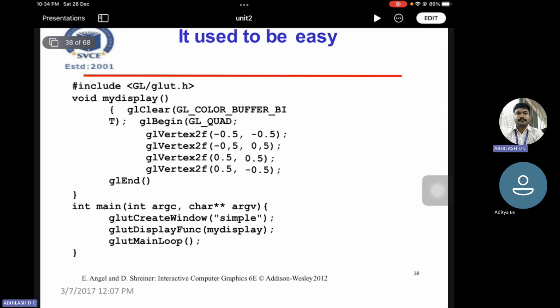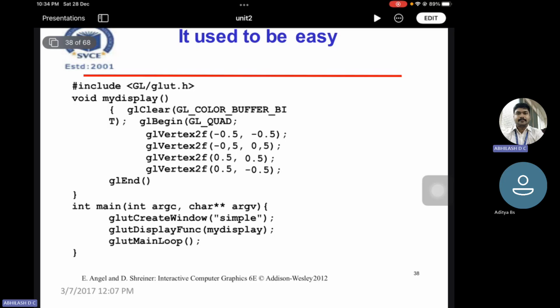In that my display, there are some specific set of points which you can see. So GL clear, meaning previously in that buffer some colors will be filled. You need to take off that particular color. So it has been taken off. So when you take off all the colors, what do you have? We have a black background, right?